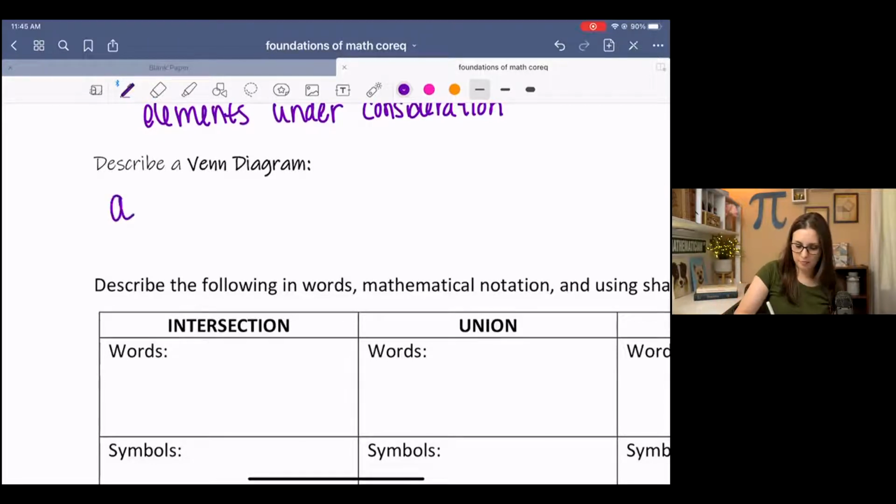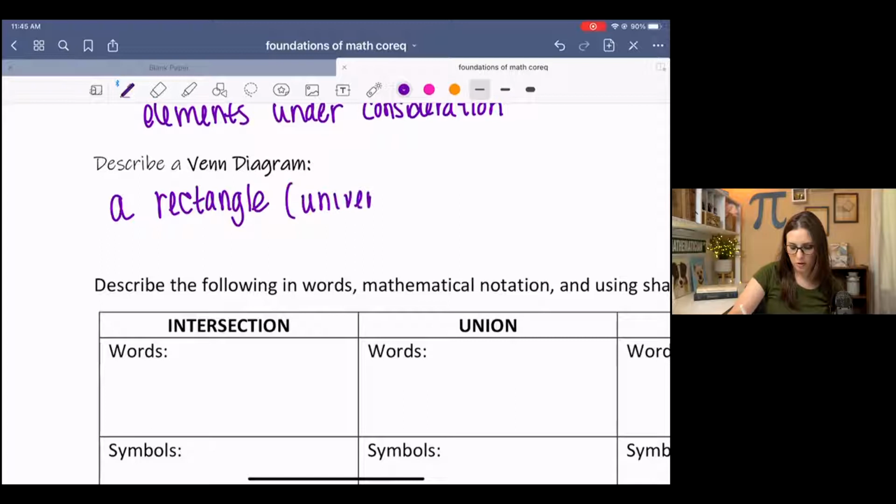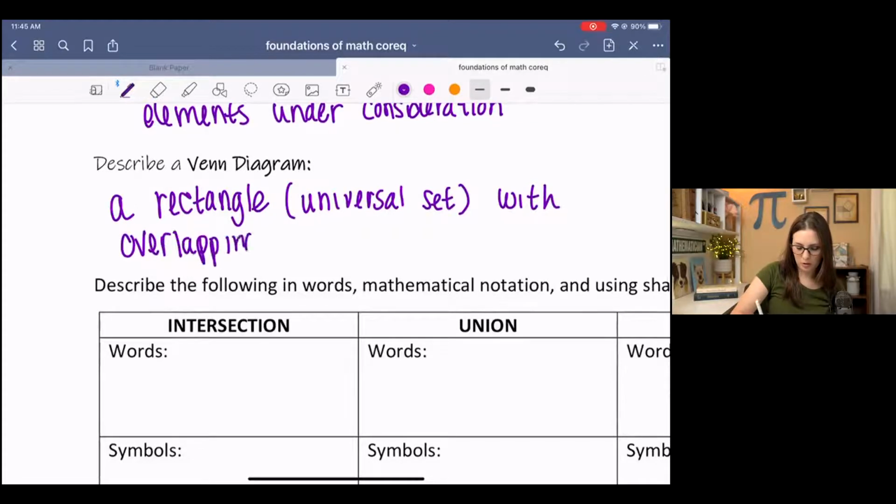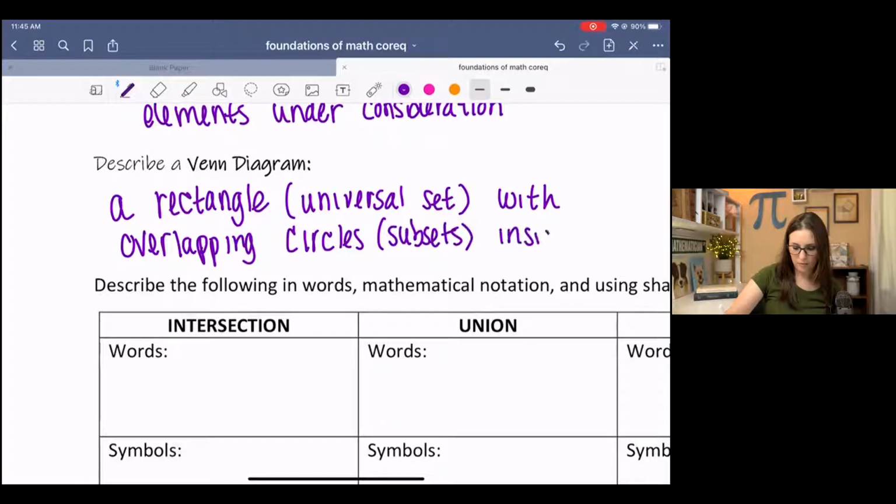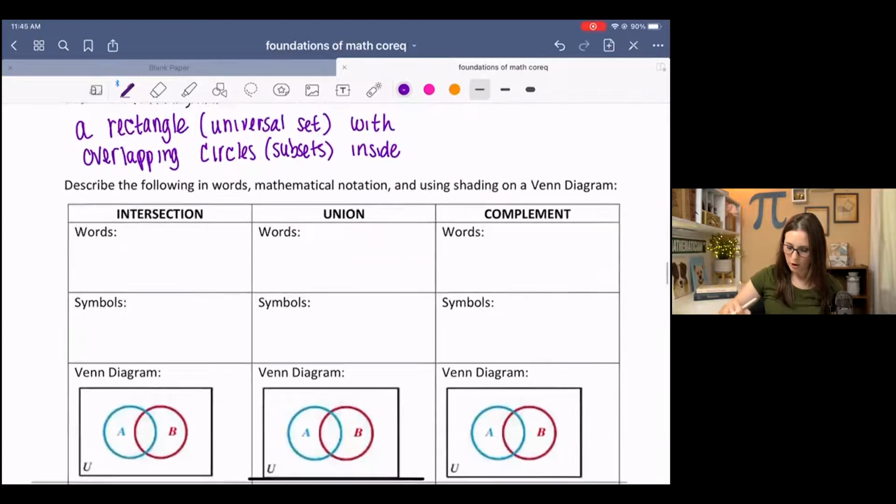It's a rectangle, which represents the universal set, with overlapping circles or ovals or whatever. These are subsets inside the rectangle.